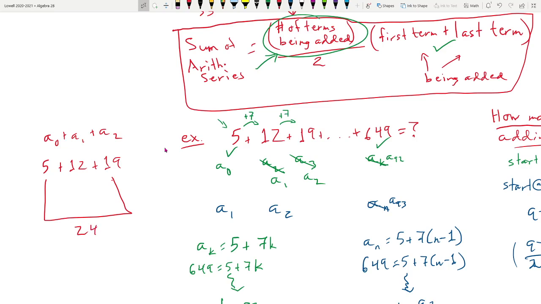The reason this still works out is because this number in the middle is always going to be exactly half of it, because again, you're adding 7 on this side, subtracting 7 on this side, so it ends up being the same. But since there's only one of them, it just ends up being half of what the other sum would have been, right? So hopefully that makes a little bit of sense.